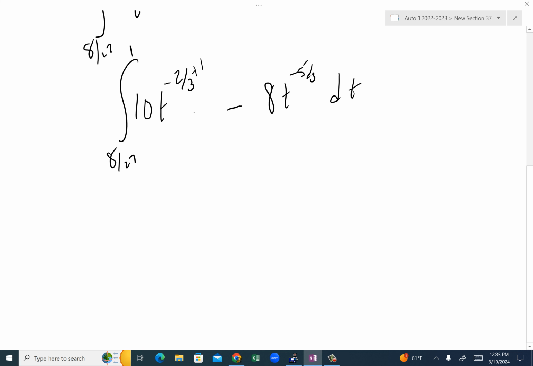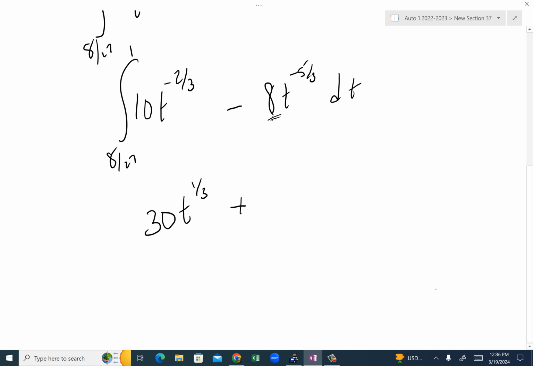So that's 3/3, right? Divide over a third, which is times by 3, right? So 30 t to the 1/3 minus. Now this is going to be t to the minus 2/3. So when I divide by that, it's going to be plus 3/2 times this fella, right?